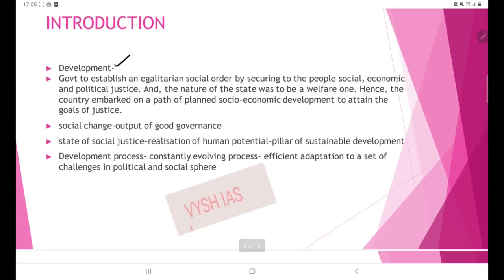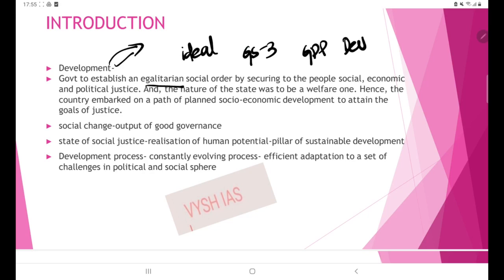So development, it is an idea, or it is an ideal. This is actually related to GS3 economy also, the difference between GDP and development. This is important. So development is the establishment of an egalitarian social order by securing to the people social, economic and political justice.